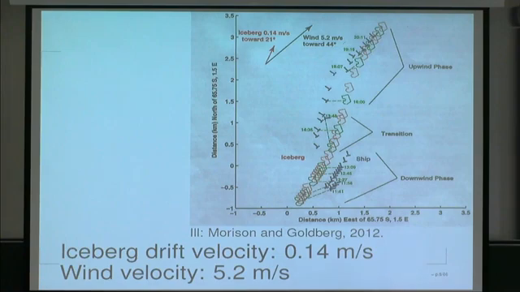Here you can see that they track the drift of the iceberg, with a ship following it. They measure the wind, they measure how the ice is piling up on the different sides of the iceberg, and they measure the iceberg velocity, which is very tiny. It's 14 centimeters per second.